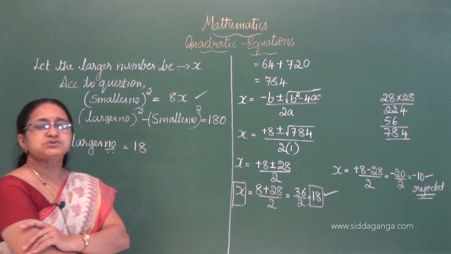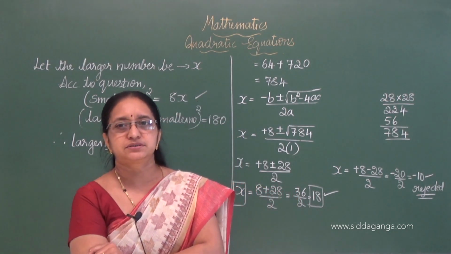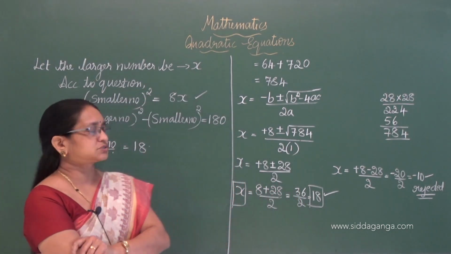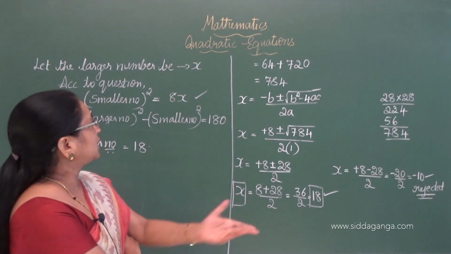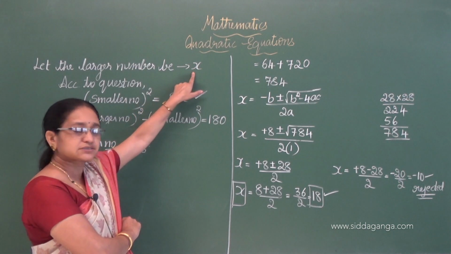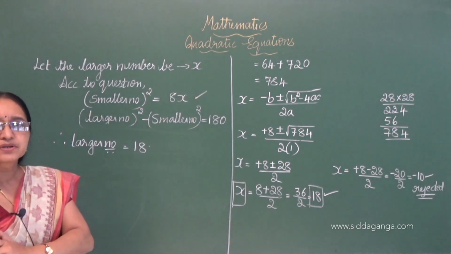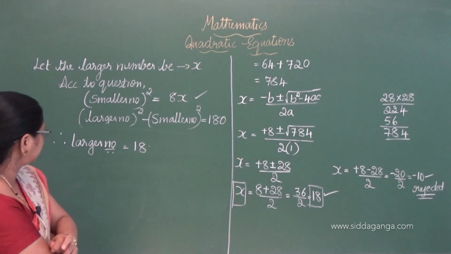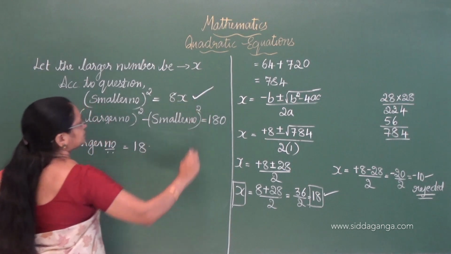Then what about the smaller number now? Think. They have asked you to find out the numbers. The larger number we had taken as x, so directly I wrote the value of x, correct? But what about the smaller number? Here please note this, very important.